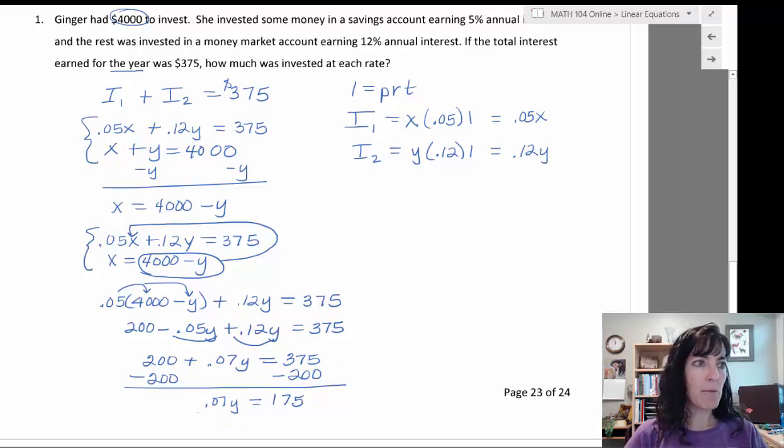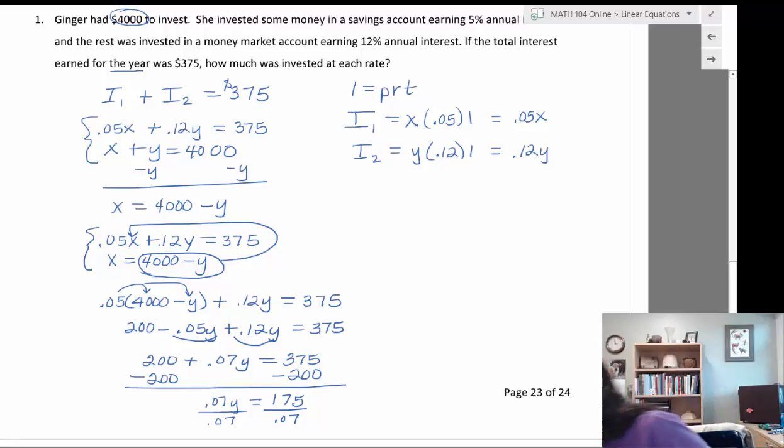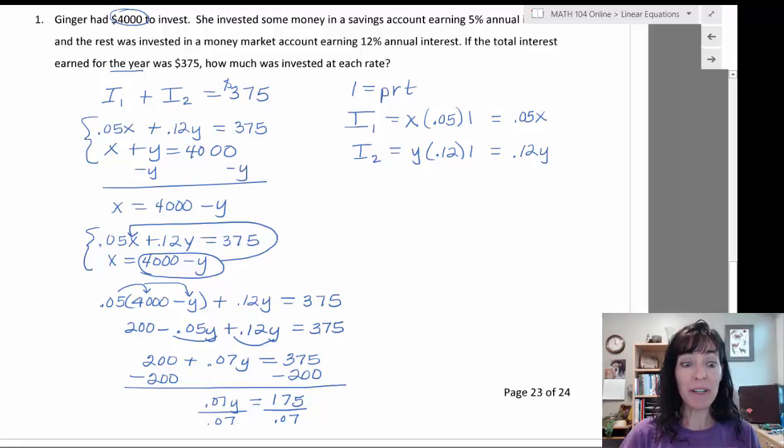And the last step for me would be to divide by 0.07 to get that y by itself. And I'll do that on my calculator. 175 divided by 0.07. I get 2,500. So y equals 2,500.